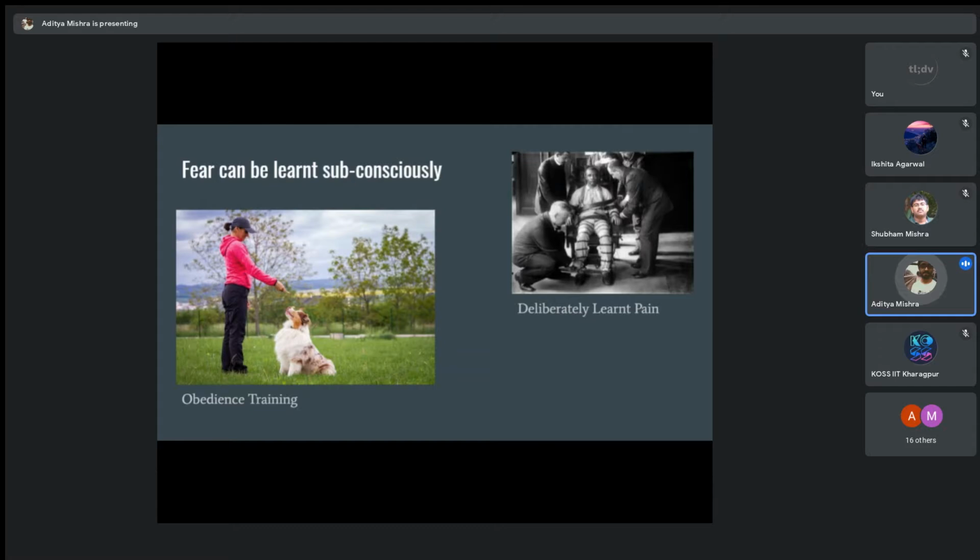In deliberately learned pain, a human being is subjected to pain by giving an external stimulus, such as being shown a relatively normal image, such as a simple scenery. Whenever that scenery is shown to that person, he is subjected to extreme amounts of pain, and this trains his brain to perceive fear using that apparently non-dangerous picture of a scenery.